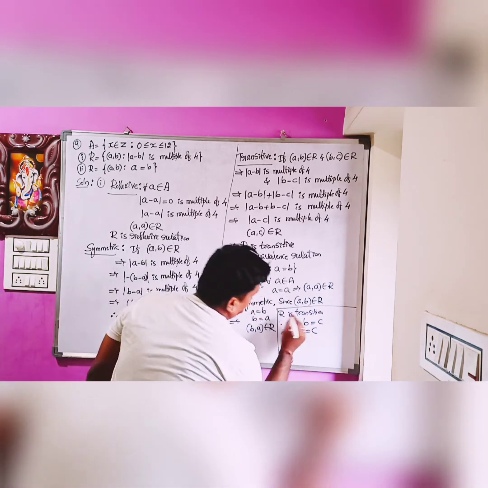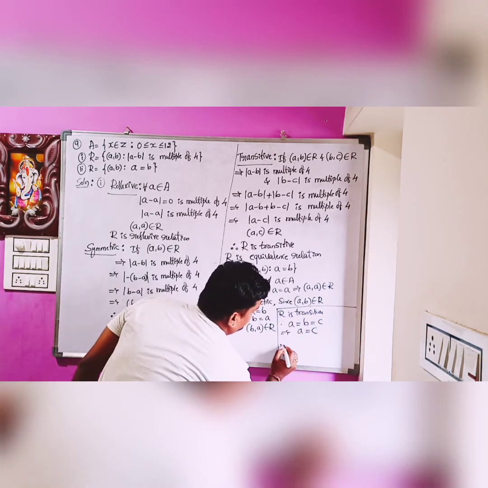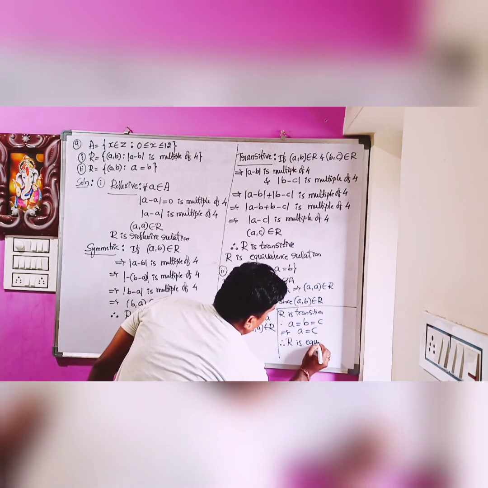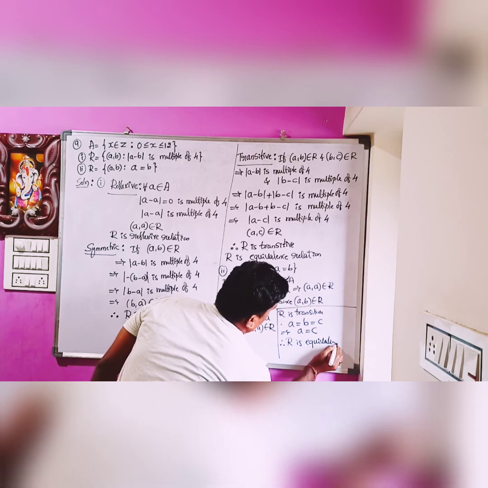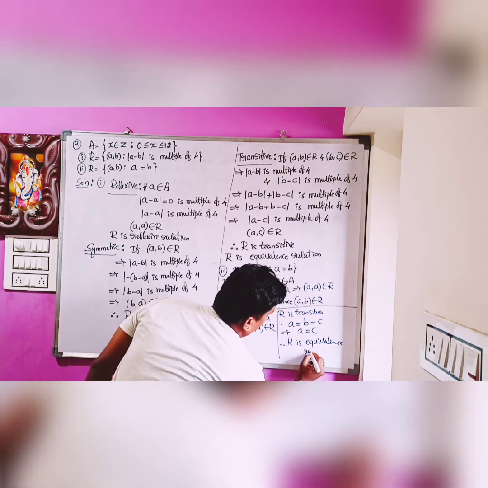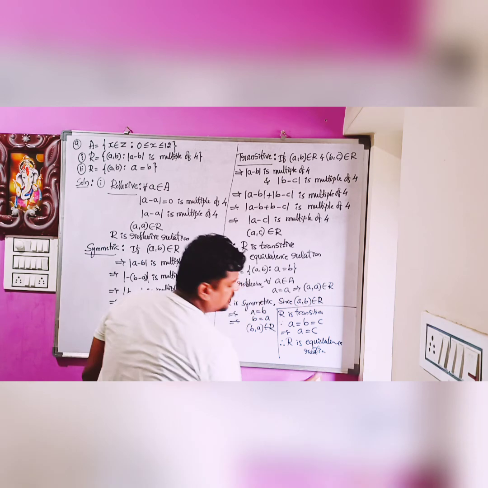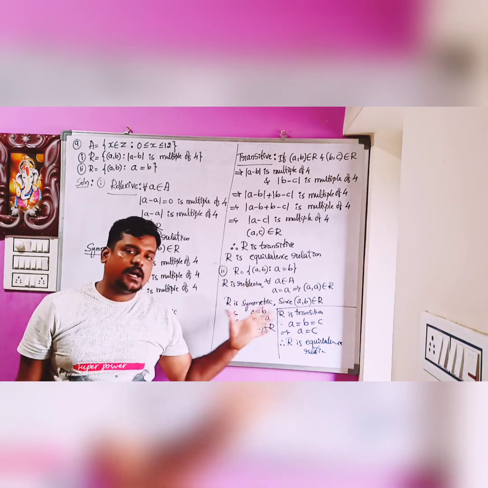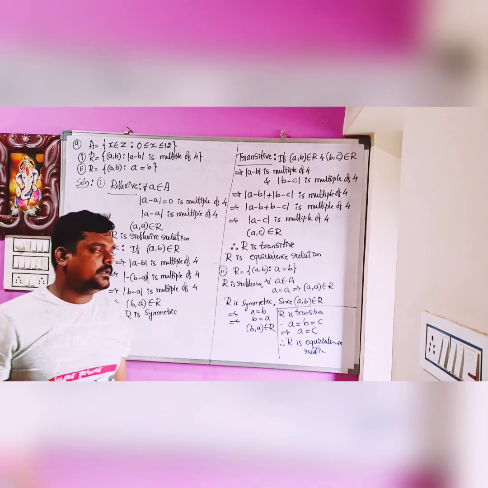So R is transitive. Since R is reflexive, symmetric and transitive, R is an equivalence relation.